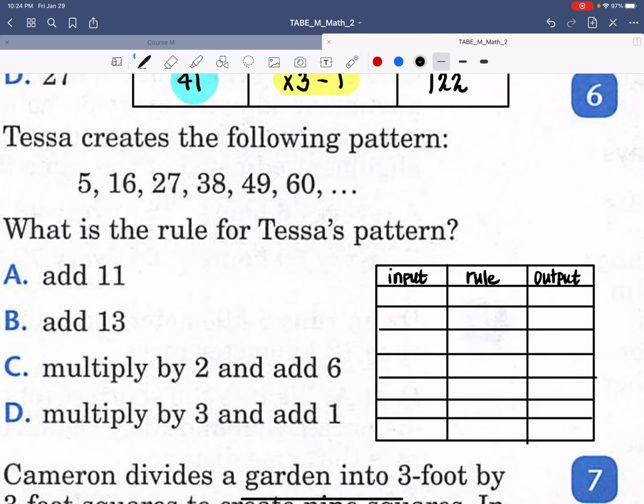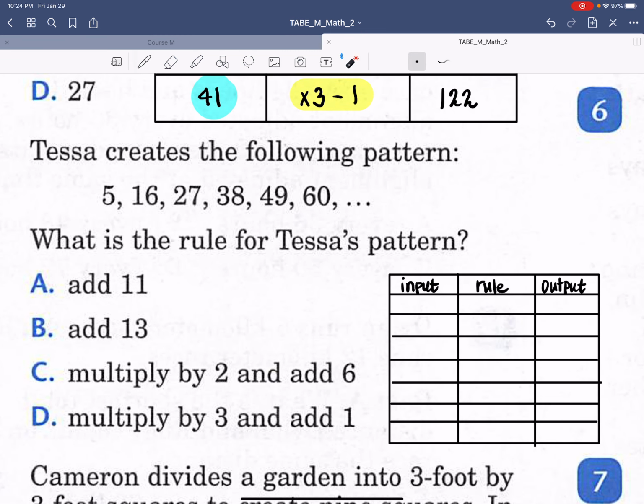Okay, so we have the input. We have the rule. And we have the output. So let me show you something right here. I want you to look with me at this, 5 and 16. You see that right there? That's an input and an output. So here is 5 and 16. Here is another one. Let me mark it for you. 16 and 27.